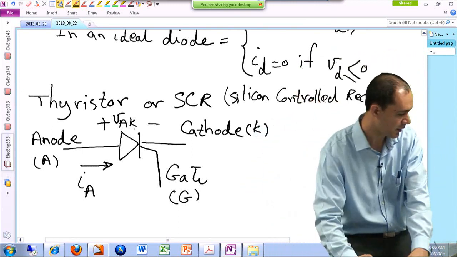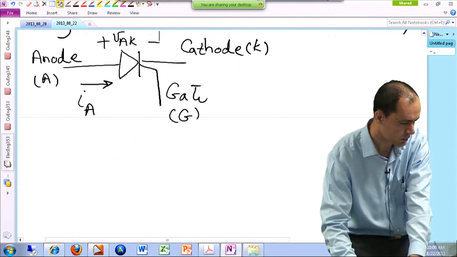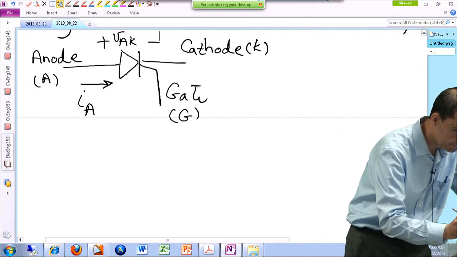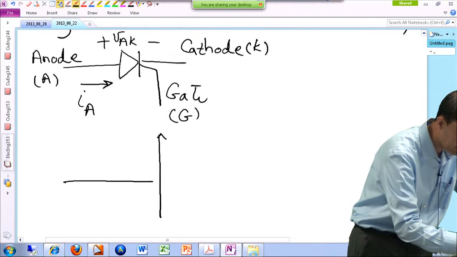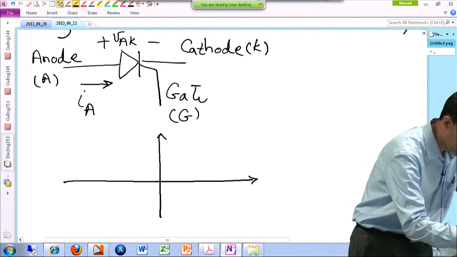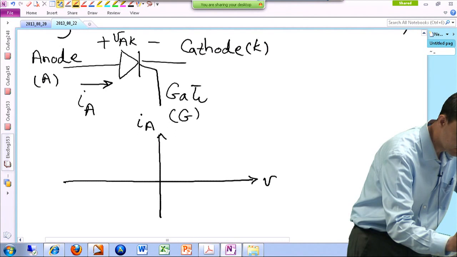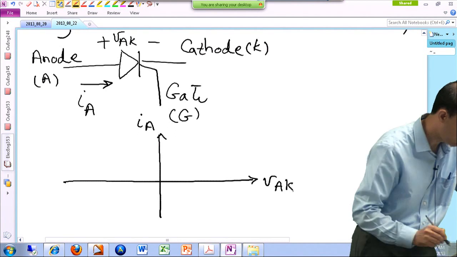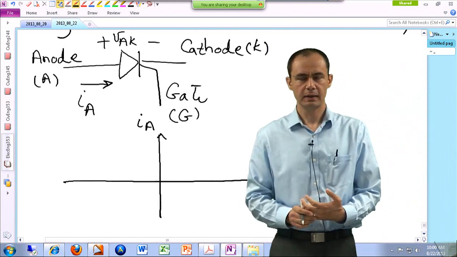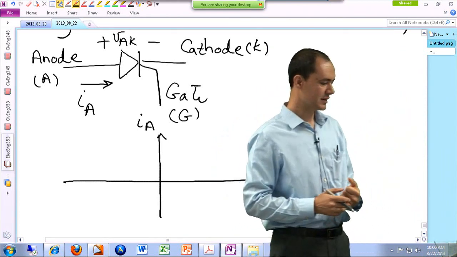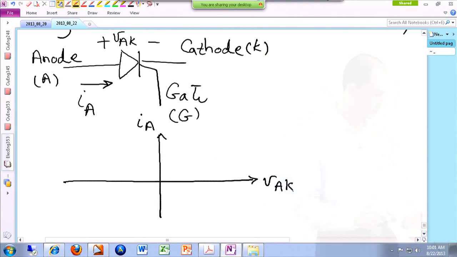And then we have a volt-ampere characteristic for this guy. So let's take a look at that. If I have not sent any signals to the gate of this component, this component is off.